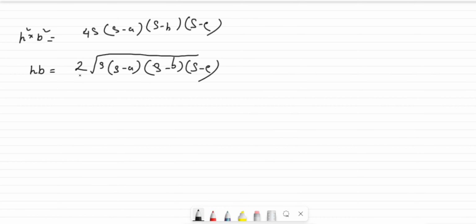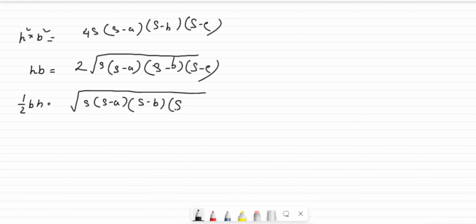So if we take 2 to the left side of the equation, that is half into b into h, that is root over of s into s minus a into s minus b into s minus c. So half into b into h is actually our area of the triangle, right?